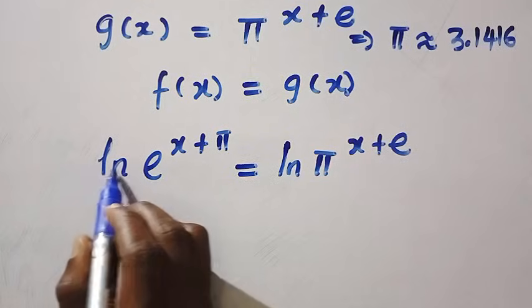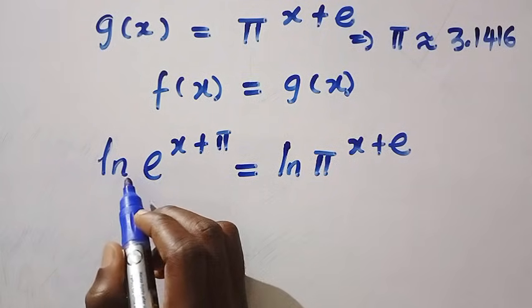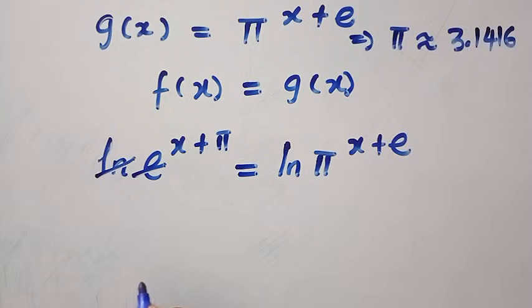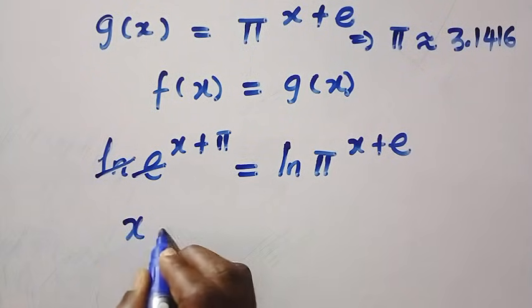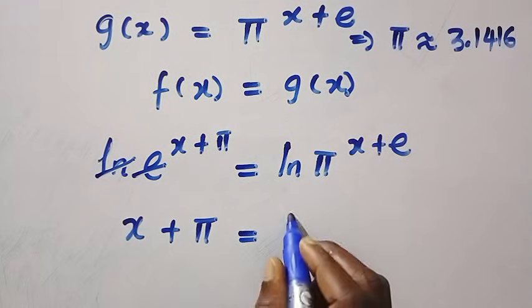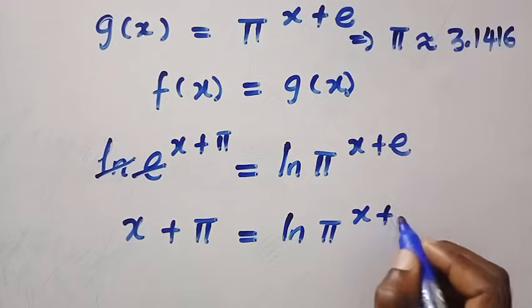Anywhere we see ln and the exponential together, they always cancel each other. And here we have x + π = ln(π^(x+e)).